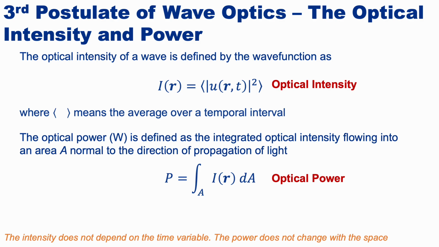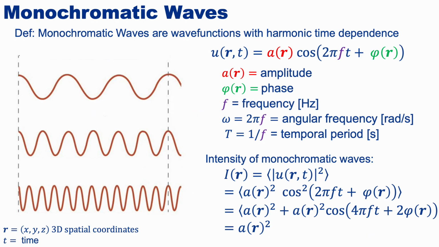Once we know the optical intensity, the power is just the intensity integrated over a particular area. Because we have the average over the temporal interval, the intensity is not going to change with time. And then the power is going to be invariant because it is related to a particular space, a particular area.